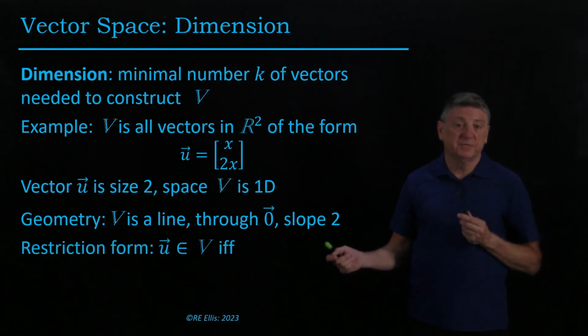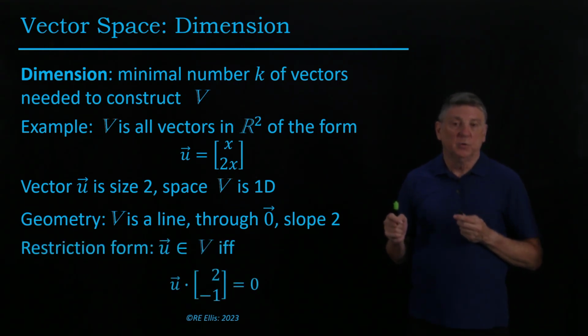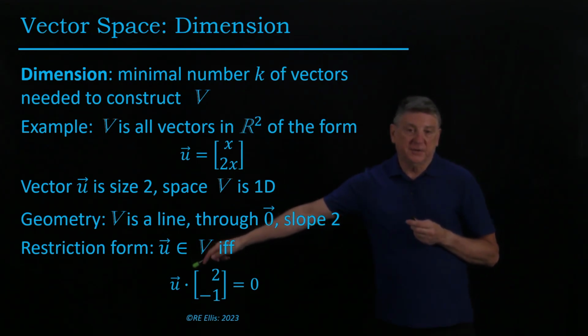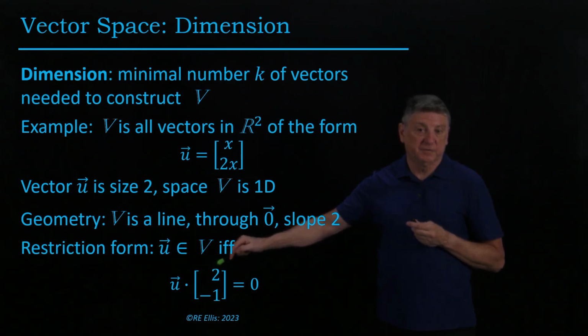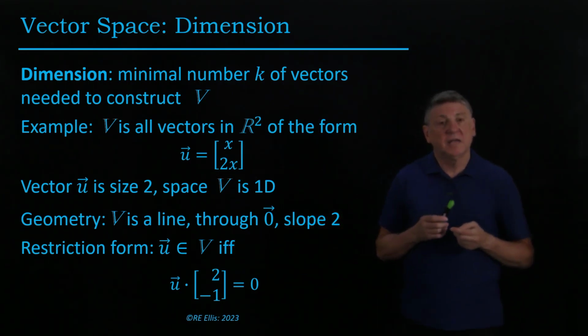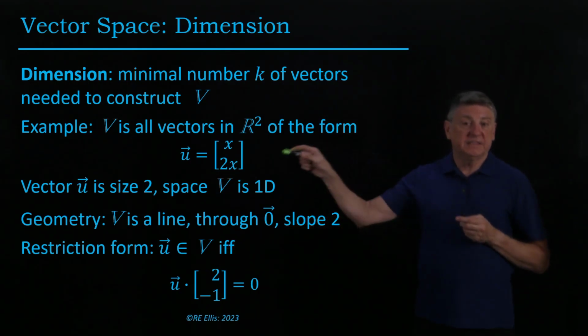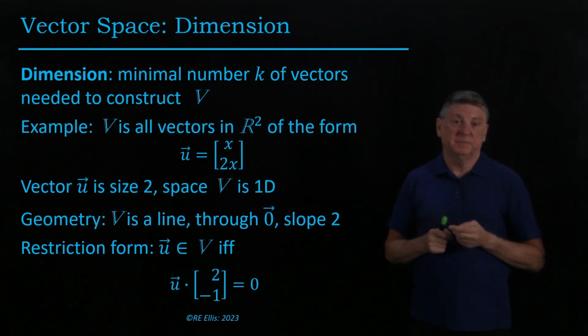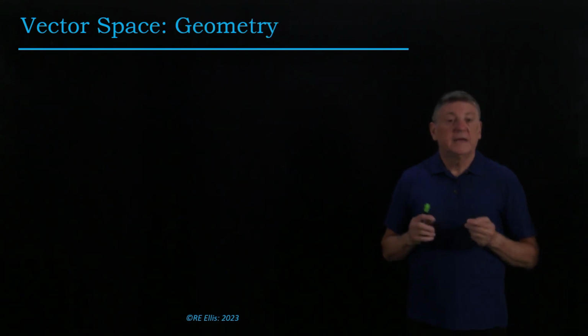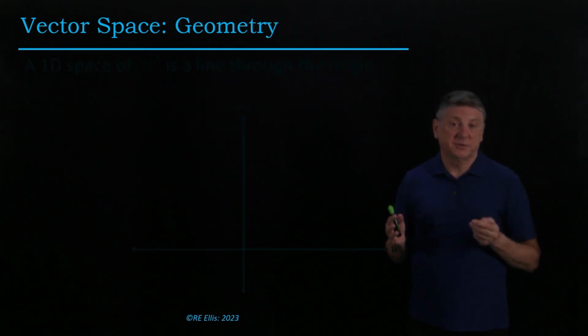So a restriction form for the same space would be, say, all vectors that are orthogonal to this particular vector are 0. And I'll let you work it out that this definition and this definition provide the same vector subspace. Now let's look at the geometry of a vector space.